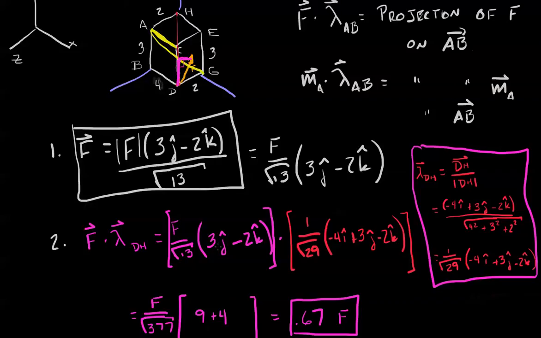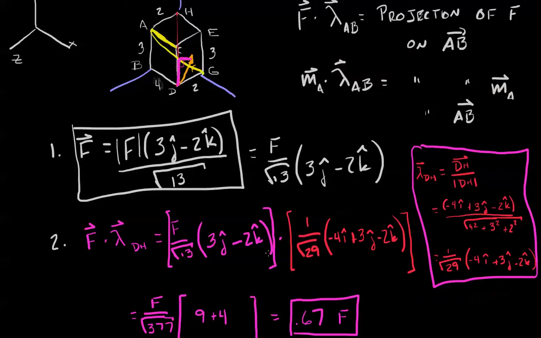The second term, we have a 3J and a 3J, so that's 9. A negative 2K and a negative 2K, that's 4. We multiply the square root of 13 and the square root of 29 to get our magnitudes right. We simplify these numbers, and we find out that it's 0.67F. That means that 0.67F is the magnitude of F going along this line.